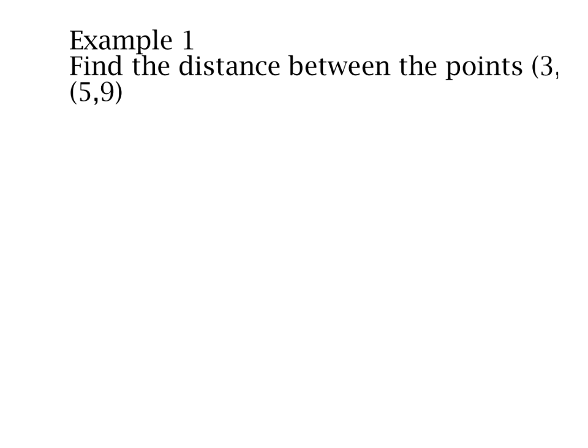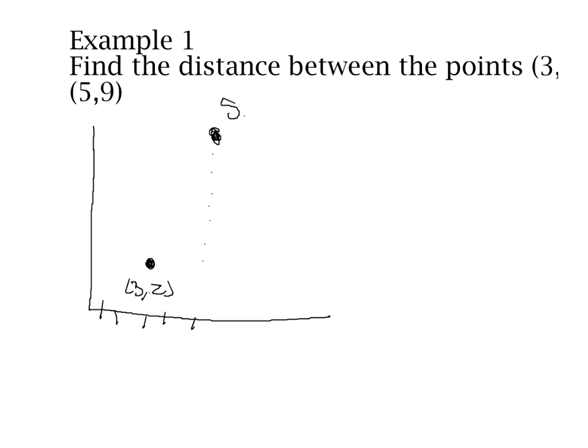Okay, let's look at some examples. Find the distance between the points 3, 2, and 5, 9. So this is easier if we graph it. So the point 3, 2 and the point 5, 9. There's 5, and there's 2, 3, 4, 5, 6, 7, 8, 9.